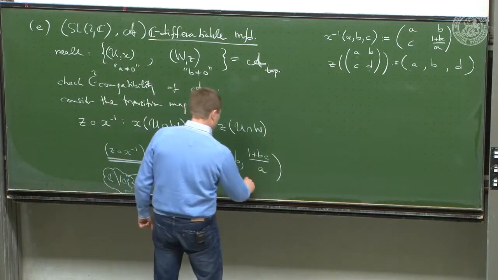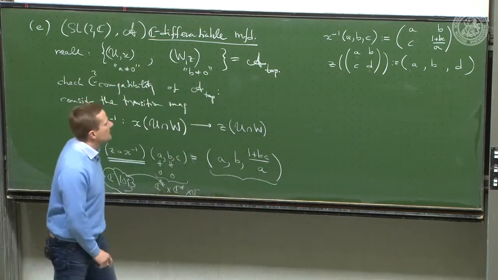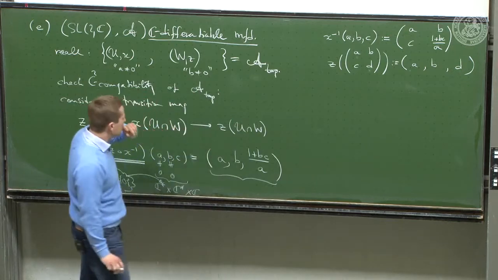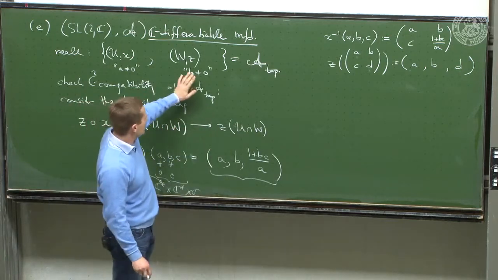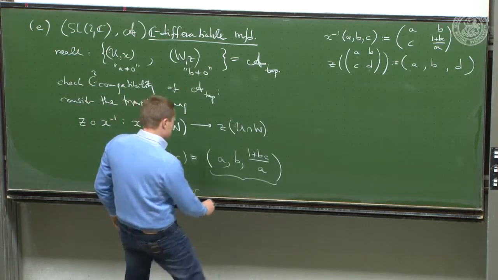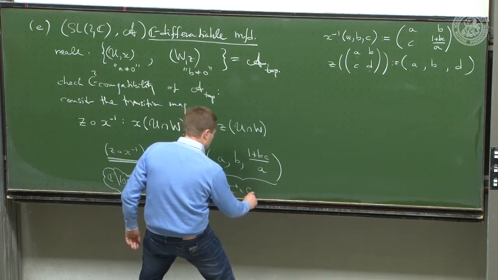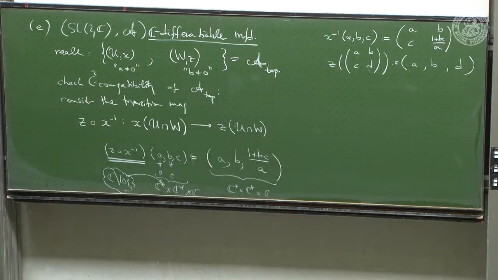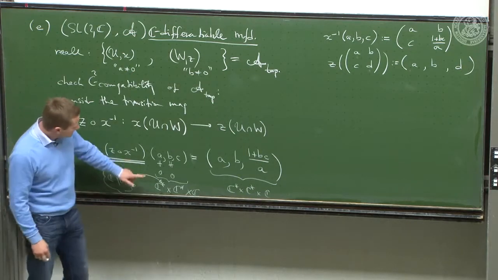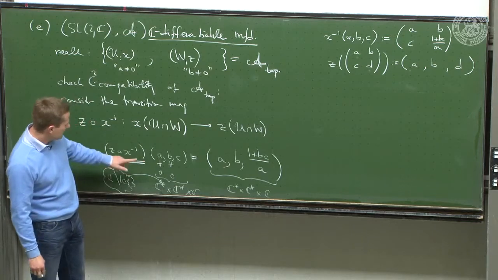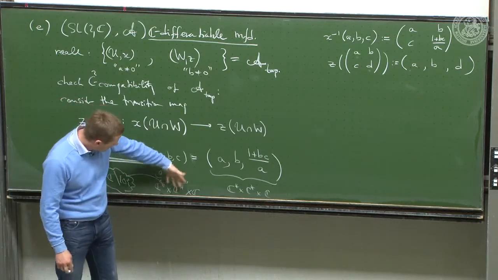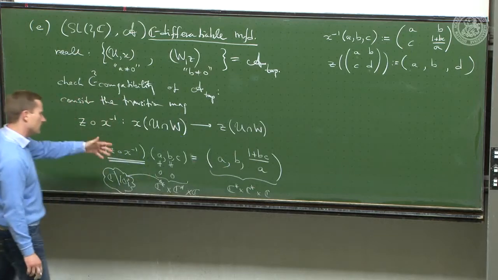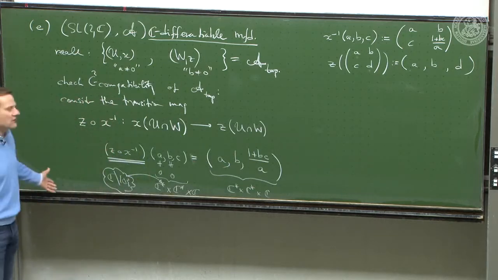And now we have to check here: it is the chart domain of the Z, and the Z also says that the second is the same domain, C star, C star, C. So we have to check whether this map, as a map from C3 to C3 on this domain, is differentiable.